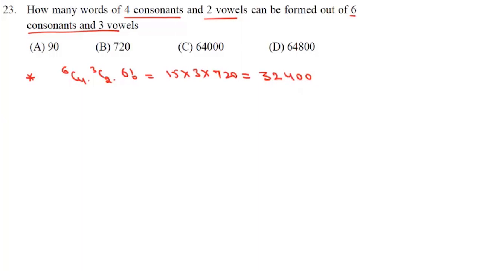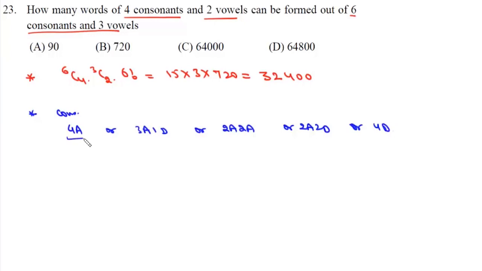And if we consider the second case, when repetition is allowed, then for consonants we have cases when all 4 consonants are alike, or 3 alike and 1 distinct, or 2 alike and 2 alike, or 2 alike and 2 distinct, or all 4 distinct.